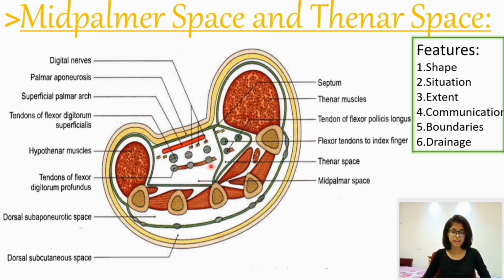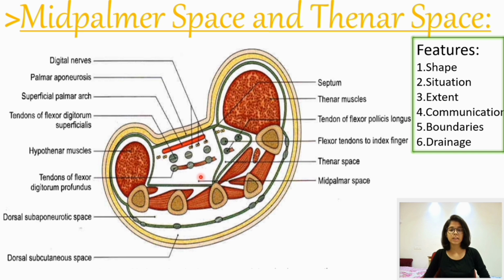Along with these flexor tendons, anterior boundary is formed by the second, third and fourth lumbricals and the palmar aponeurosis. Posterior boundary is formed by fascia covering the metacarpals and the interossei muscle. Medial boundary is formed by the medial palmar septum. Lateral boundary is formed by the intermediate palmar septum.